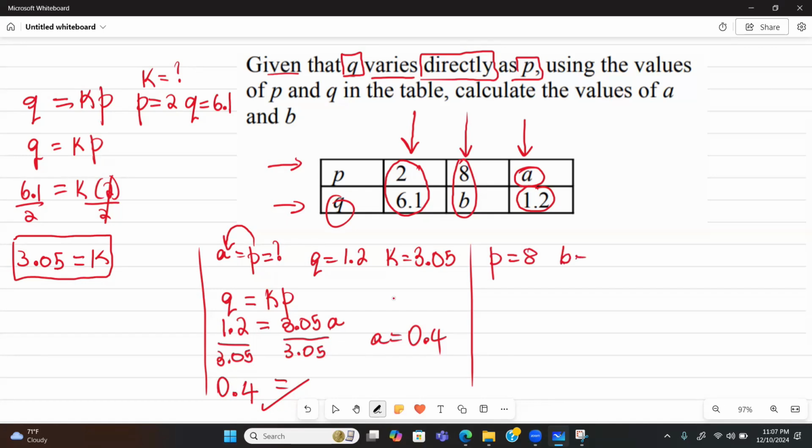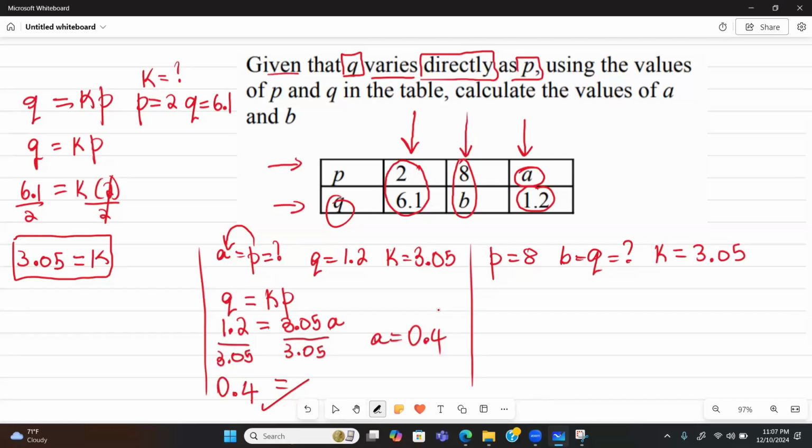That b value is a q that we don't know yet. What is k? k remains the same. It's 3.05. Now remember, the constant of proportion, k, is actually the key throughout.